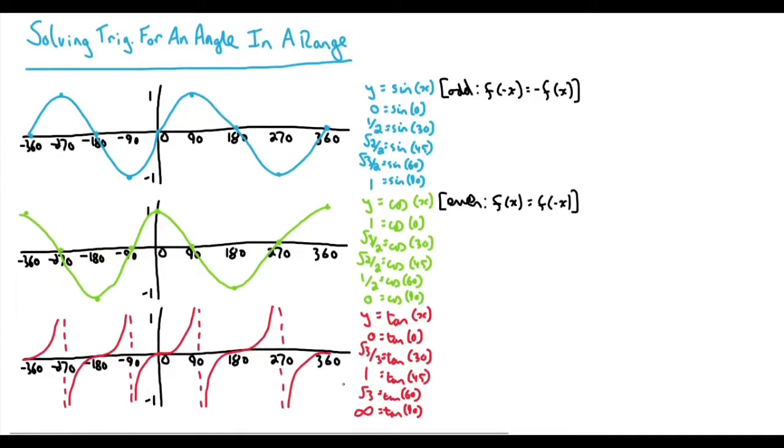What we can say, though, looking back at the shape of this graph, is that just like the sine function, tan is going to be odd. If you were to put in the negative x, that would get out the minus y value of what the regular would have been.